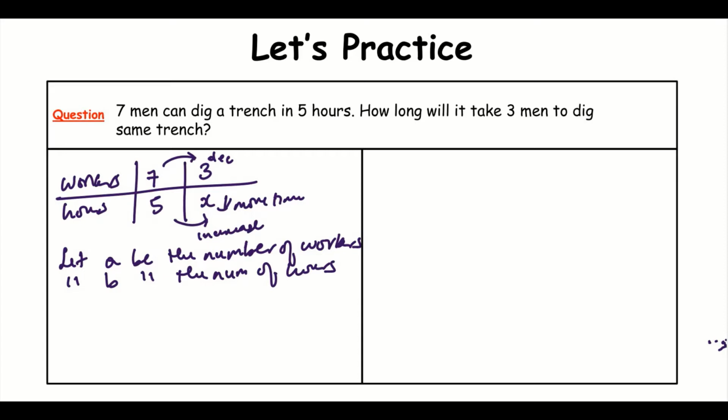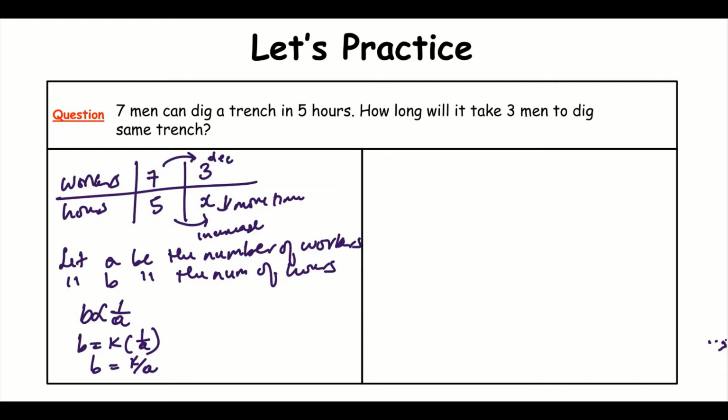Hence, we can say that B is inversely proportional to A. So that's going to be 1 over A. So hence our equation is going to be B is equal to K times 1 over A. So B is equal to K over A. So we find our equation in terms of K. Hence, we can go ahead now and solve for K.